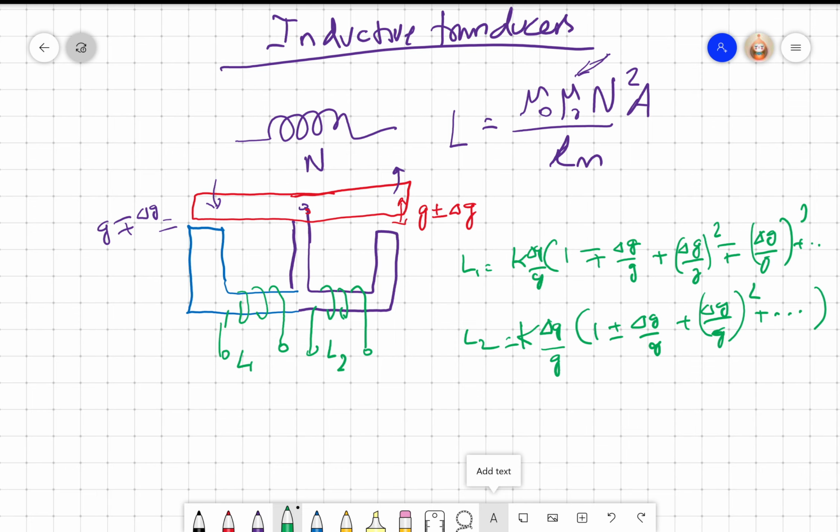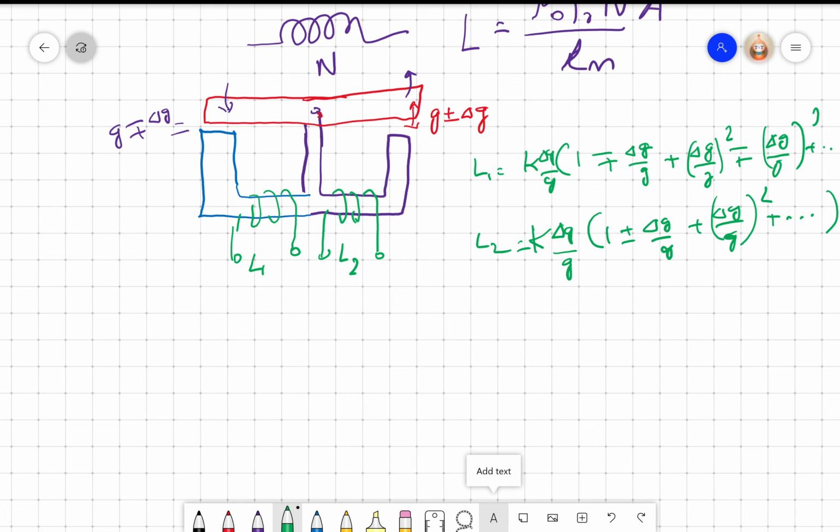Right? So if I really look at this particular one, let me go from here. We assume that all these higher terms are negligibly small. If I ensure that delta G by G is small, all these I can neglect.